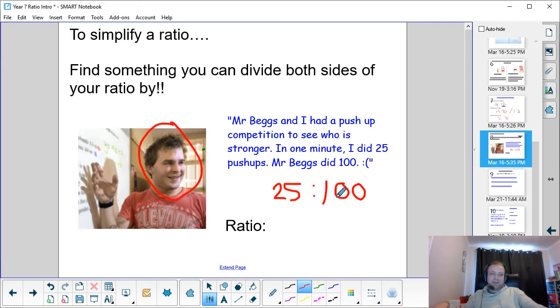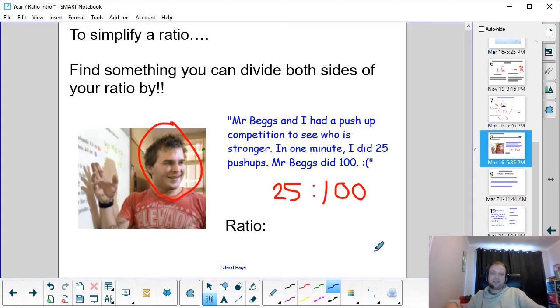You might be able to look at these numbers and see how many times more I did than someone else. That's a really good way to think about it. But at the very, very least, this is the thing you can write down in your glossary. To simplify a ratio, we look at our 2 numbers, the ones on both sides, and we find something we can divide them both by evenly, right? So we look at numbers that go evenly into 25 and 100 in this case. You might be able to find the best number right from the very start.